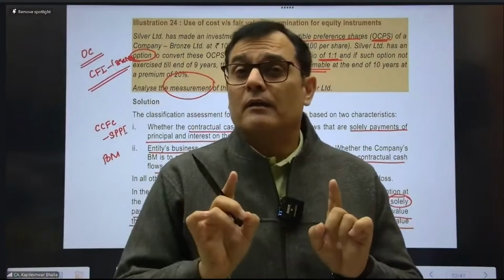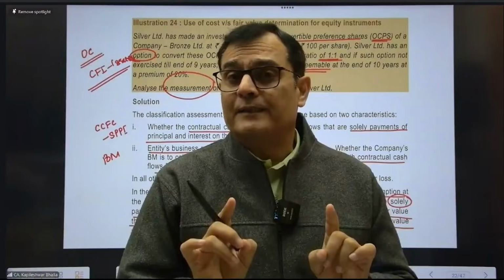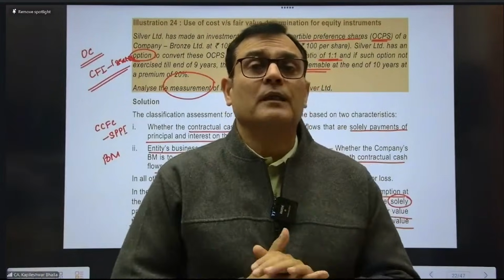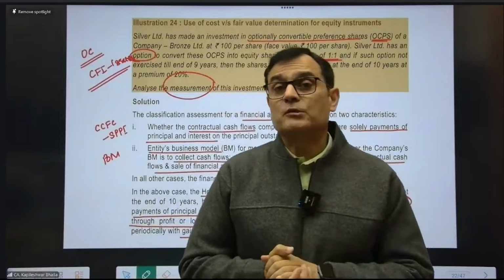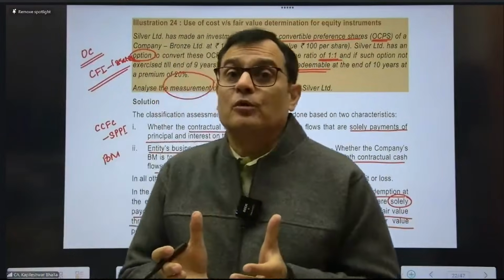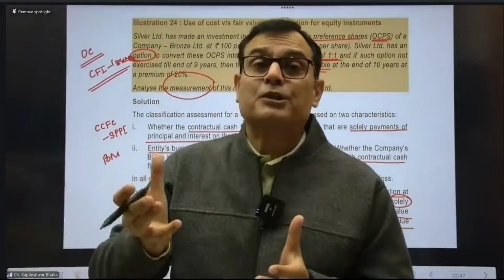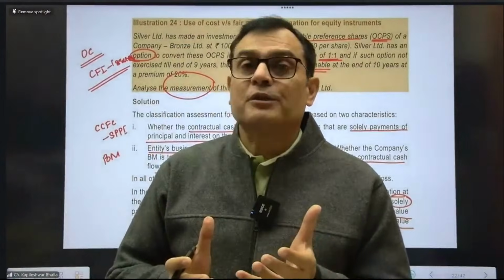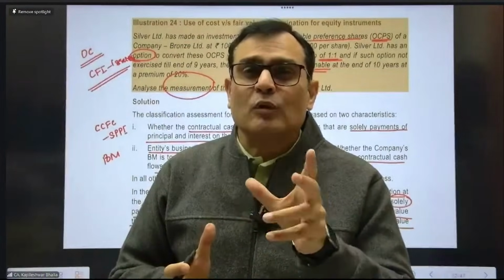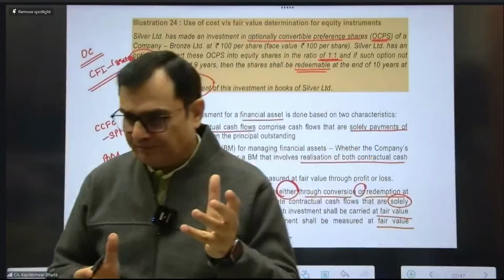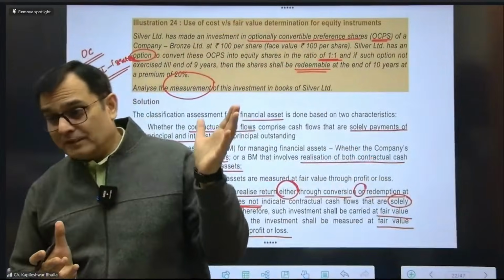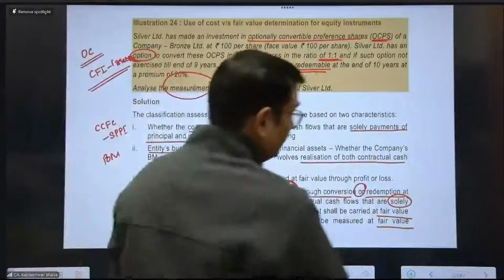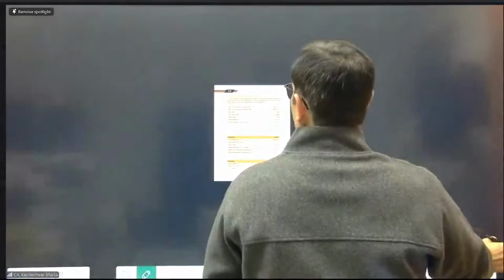I'm not saying all compound financial instruments will fail that, but those instruments which are optionally convertible will end up failing this particular test because of the option given to the holder, where you can take a cash, where you can take the conversion into shares, and the concept of solely gets failed in this case. Okay, I didn't get a message from your end. I don't know whether you got the answer on that or not. Okay, anyway, so I think this is done.